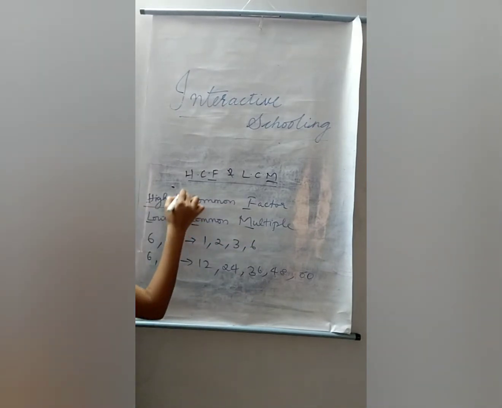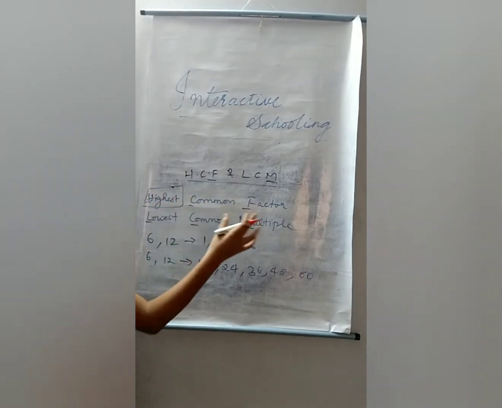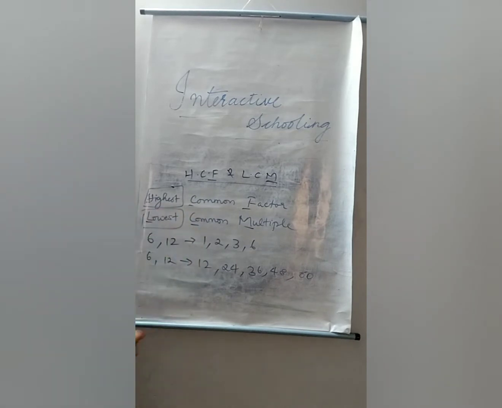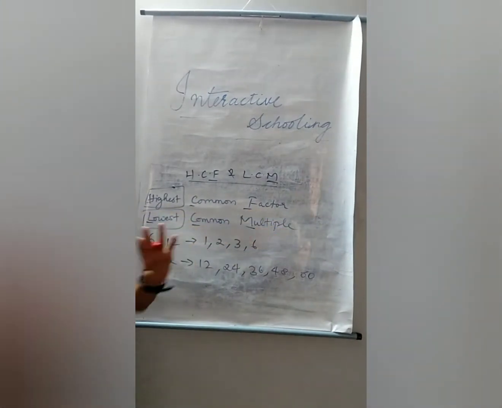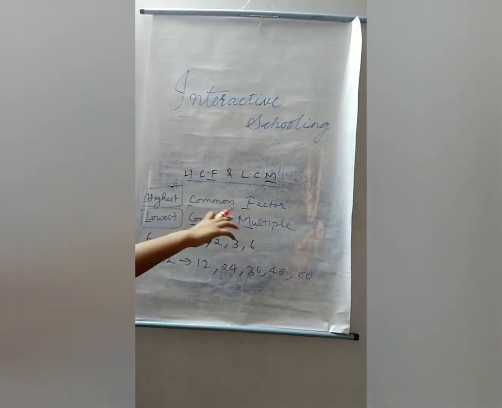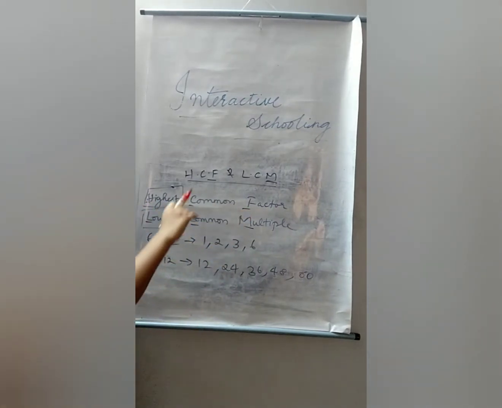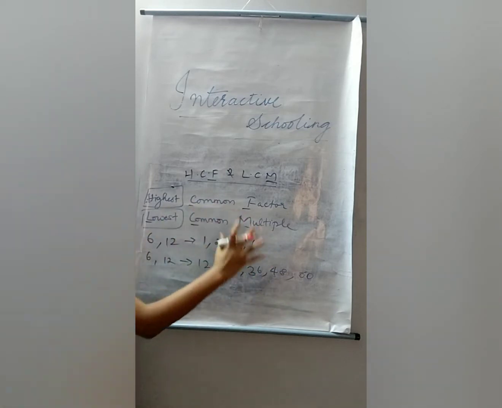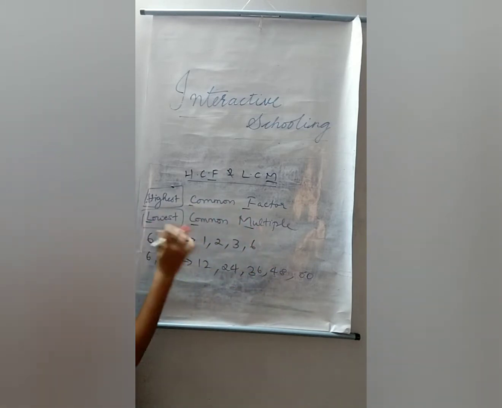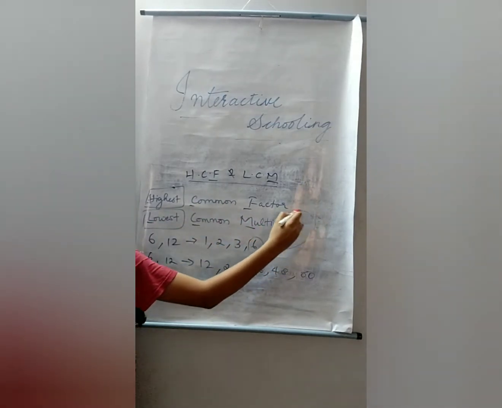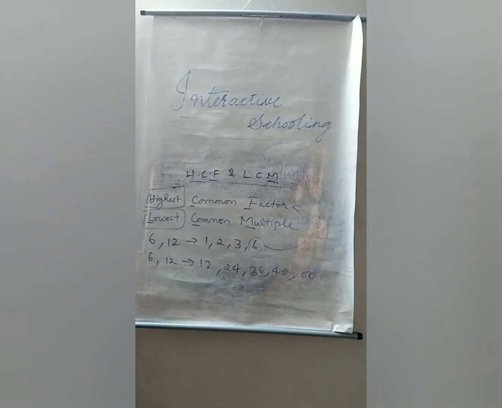So what is highest common factor and lowest common multiple? The highest common factor is the factor which is of the greatest value amongst the rest of the common factors. So here we have 6. 6 is the highest common factor.